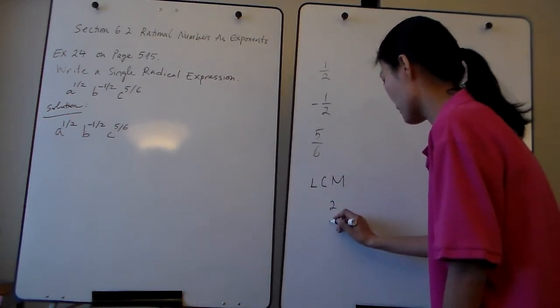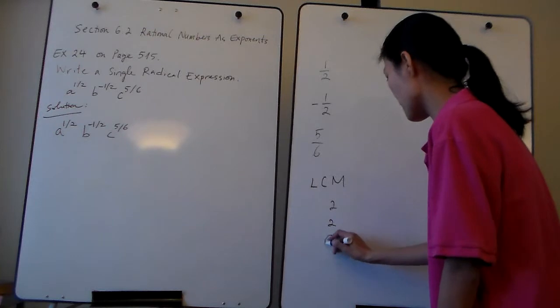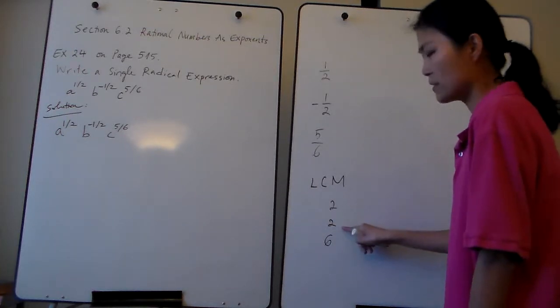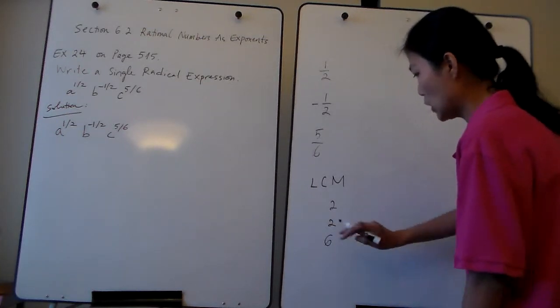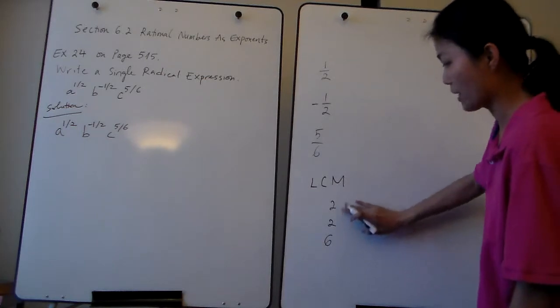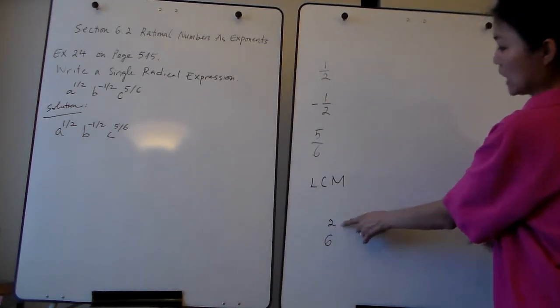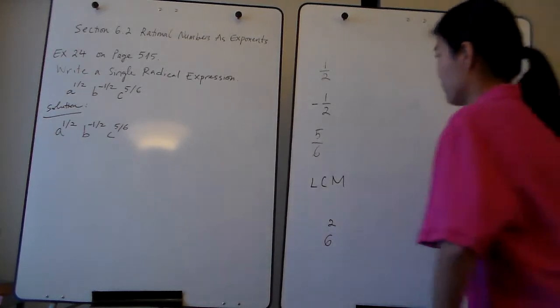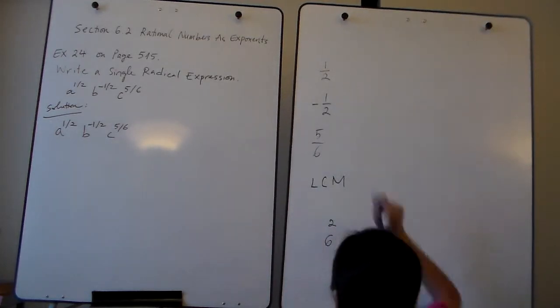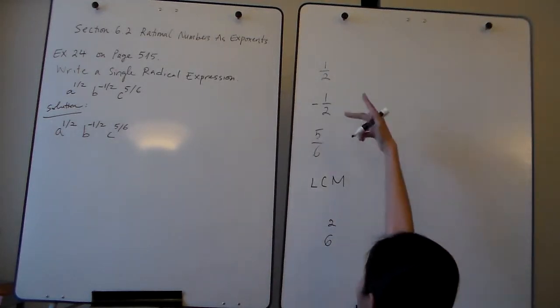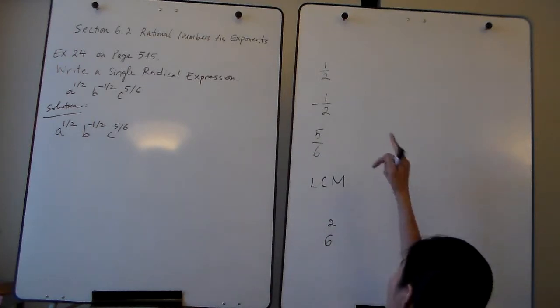The first one is 2, the second one is 2, the third one is 6. Now this 2 and this 2 are the same, so you don't have to write it twice, because these have the same denominator. You can just write 2.